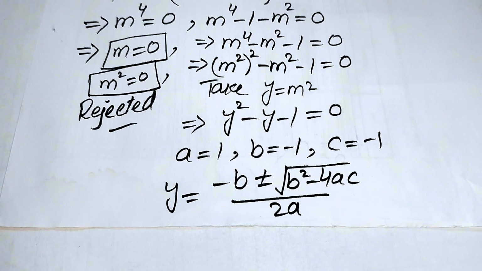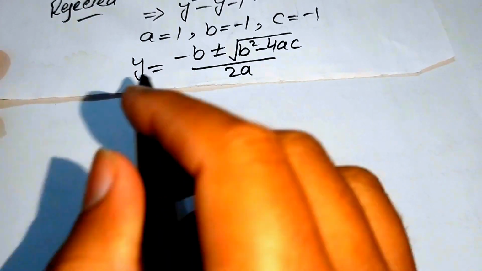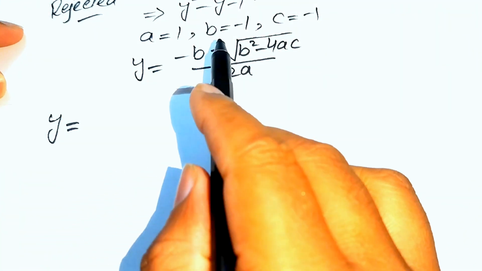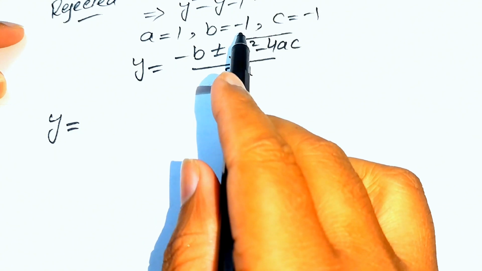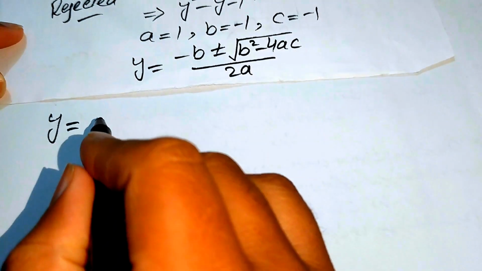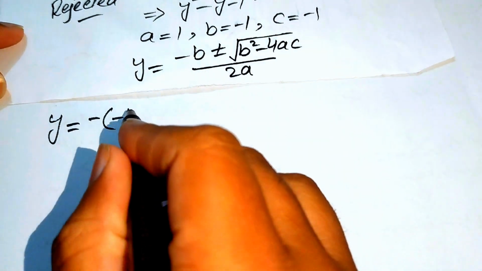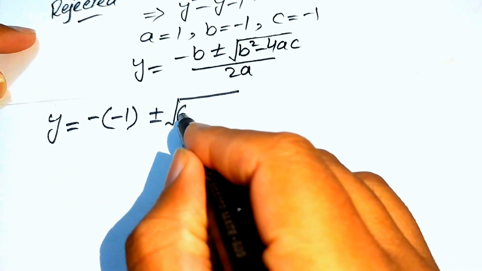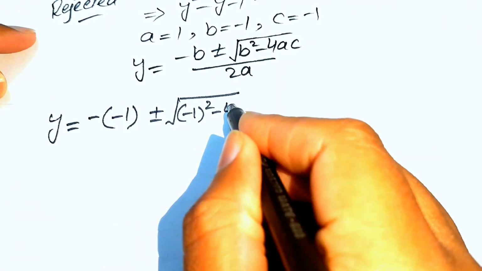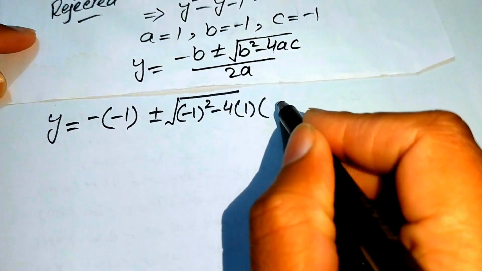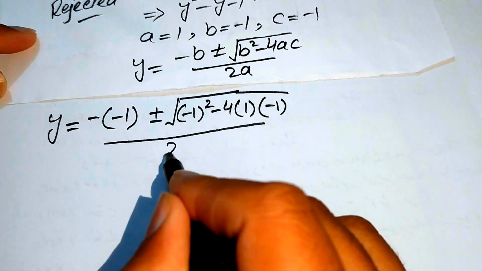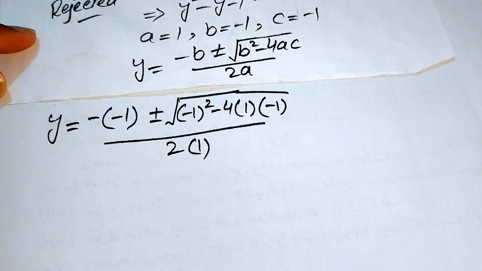And now we put the values of a, b and c in this quadratic formula. The value of b is minus 1, so when we substitute it, it becomes minus times minus 1 plus or minus the square root of b squared, so minus 1 squared, minus 4 times a, which is 1, and c, which is minus 1, all divided by 2 times a, and our a is 1.